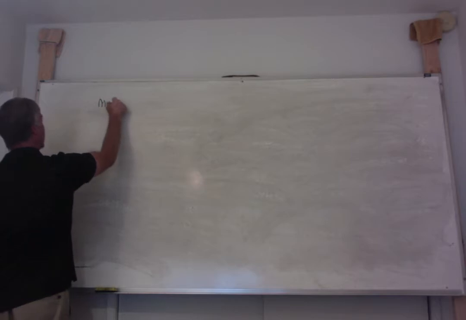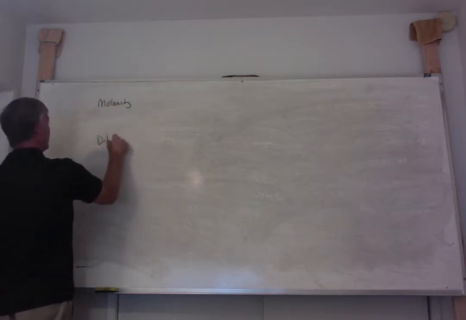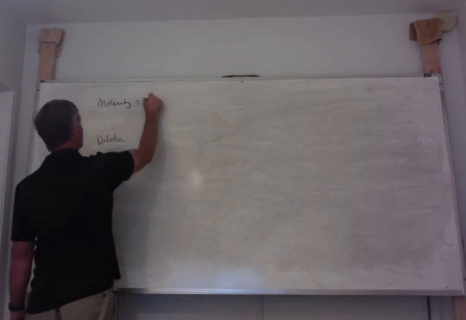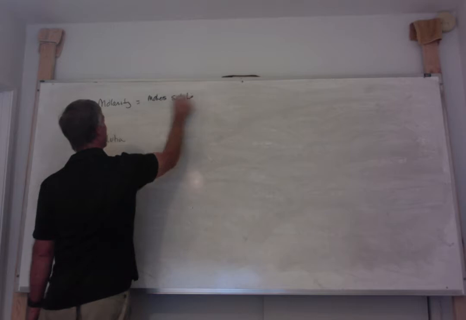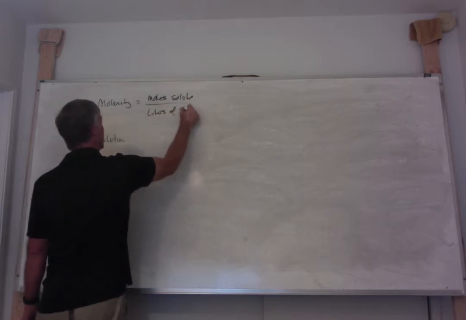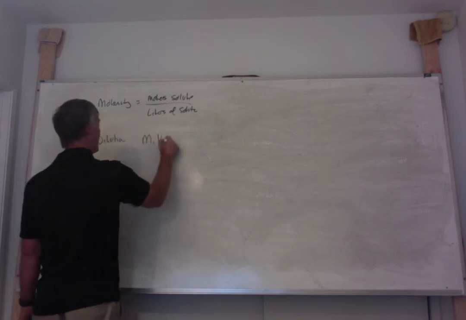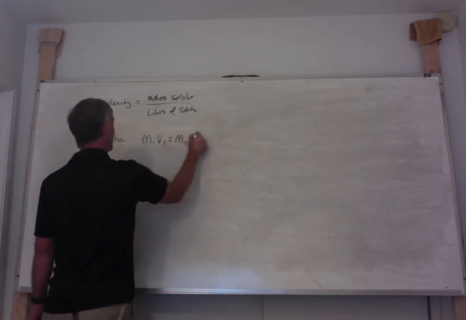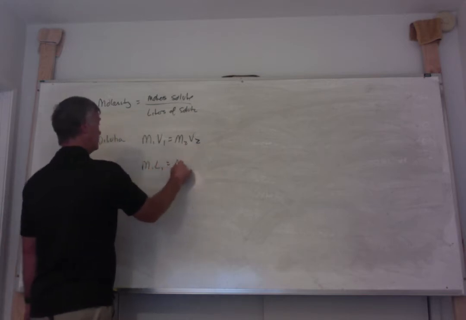So it will be on molarity and it will be on dilution. So molarity is moles of solute over liters of solution. And the dilution equation is M1 V1 equals M2 V2, or if you would rather, M1 L1 equals M2 L2.